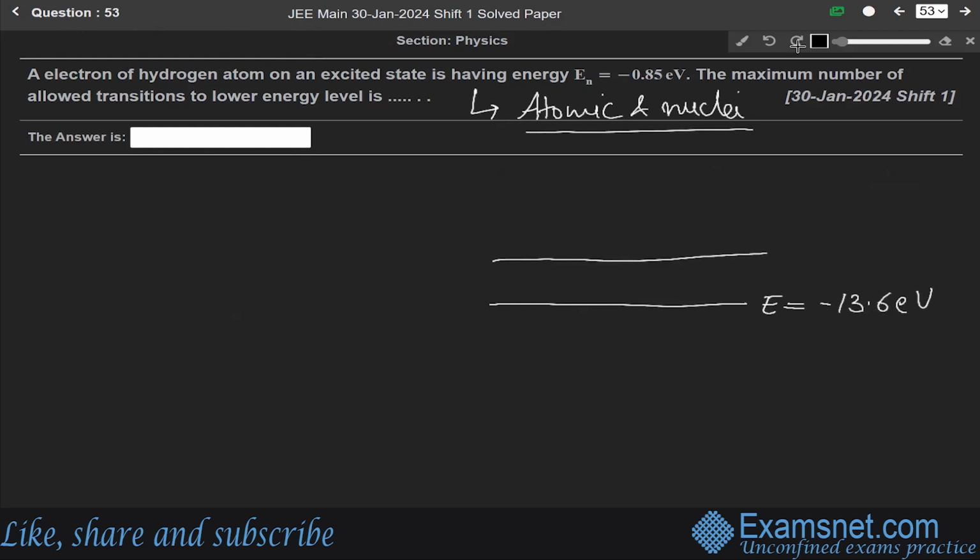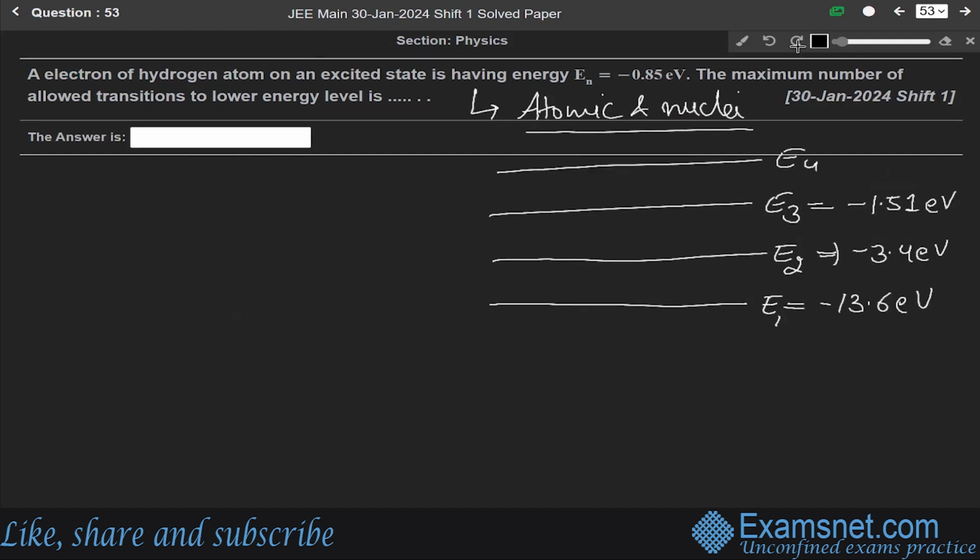This is E1, this is E2. E2 is minus 3.4 electron volt. Then E3 is minus 1.51 electron volt, and E4 is minus 0.85 electron volt. So according to the question, n is equal to 4, means fourth energy state.